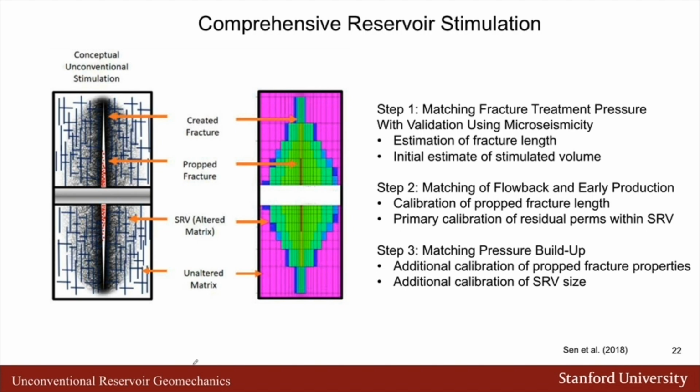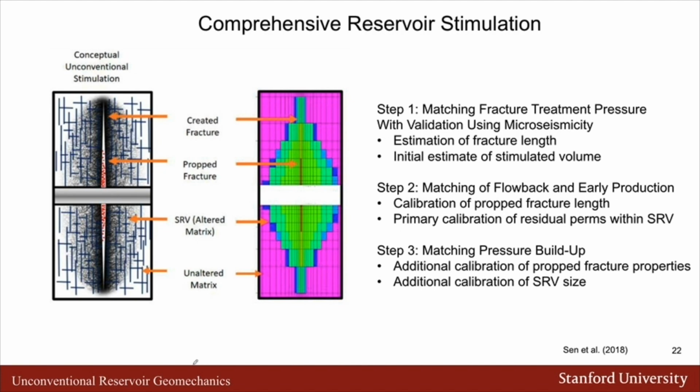So the thing I really liked about this paper is that they're using their simulator to match multiple data sets because it gives them a much more robust idea of what's happening in the formation.